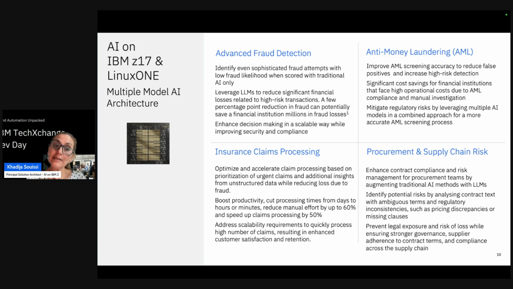In that case, what we could do is let all the transactions go through a predictive AI model that is quite traditional, be it a machine learning or deep learning model. The transactions, normally representing 5 or 10% of the whole, can then go through an encoder large language model, analyze some unstructured data, or use more sophisticated approaches in order to identify if this is really a fraud risk or not.